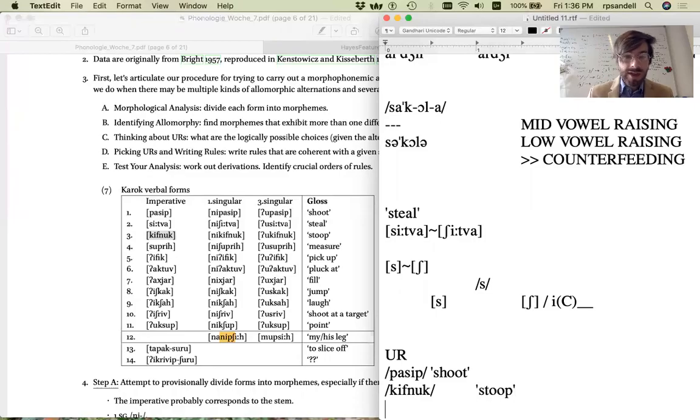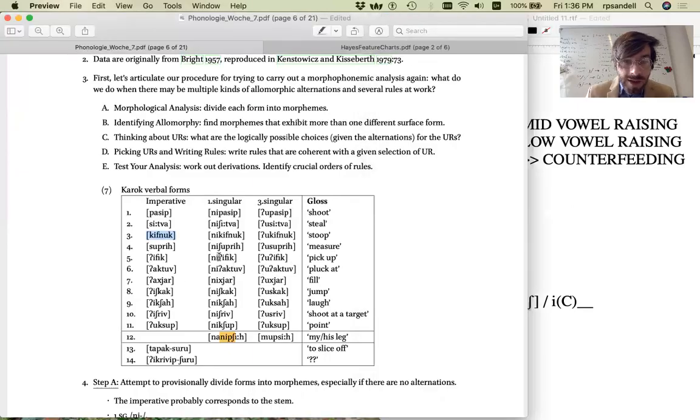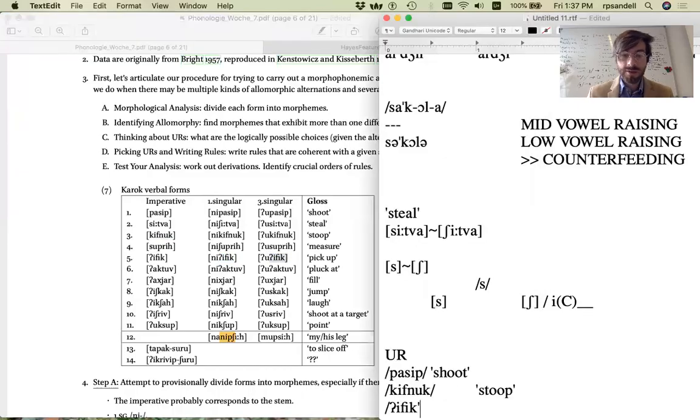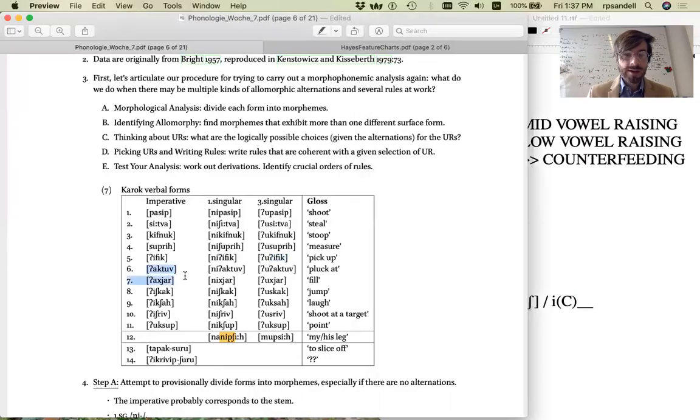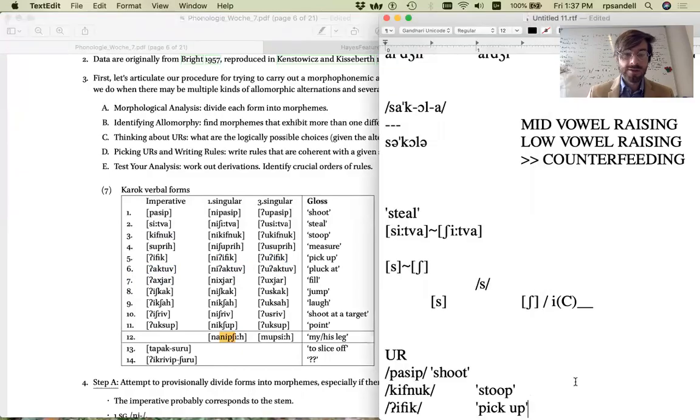And in row 5, we have ifik, and that sequence ifik occurs in all forms of the verb. And similarly, in row 6, aktuv occurs in all 3 verbal forms.